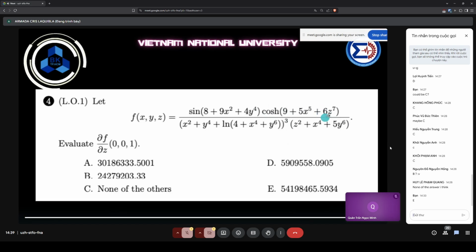So plus 6 here, 1 times 6, 6. So that is sinh of 15. So at the top, we have sine of 8, and then ln 4 cubed here, and sine of sinh 15 here.